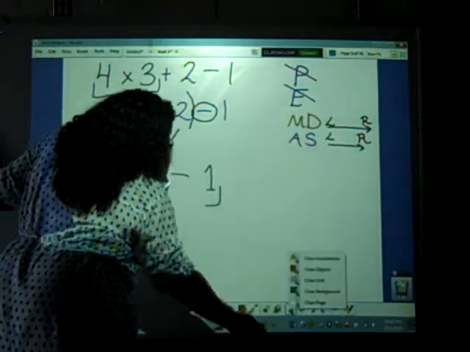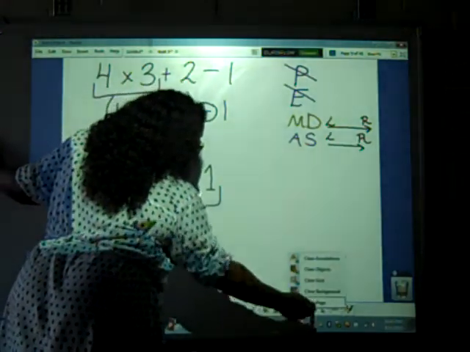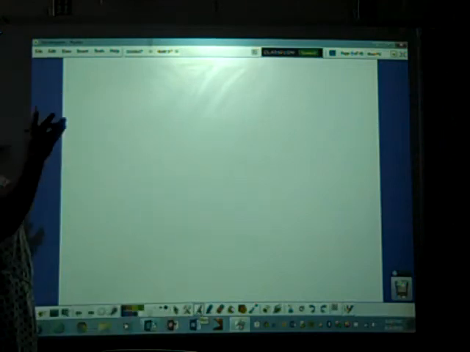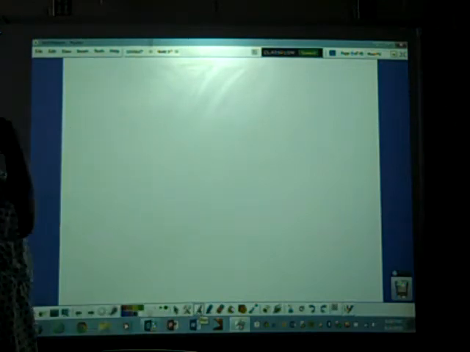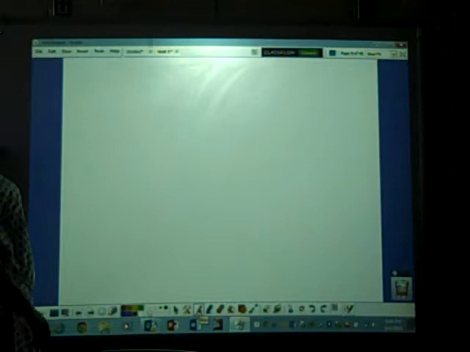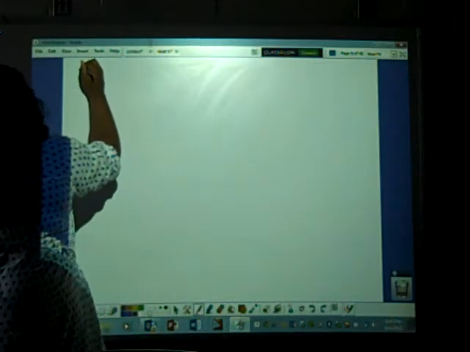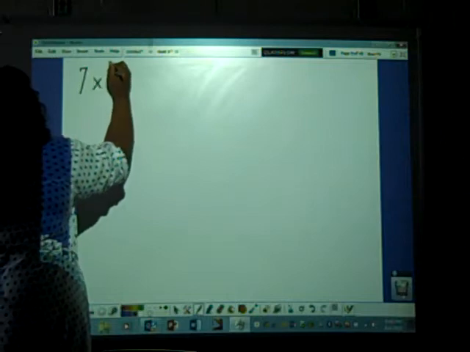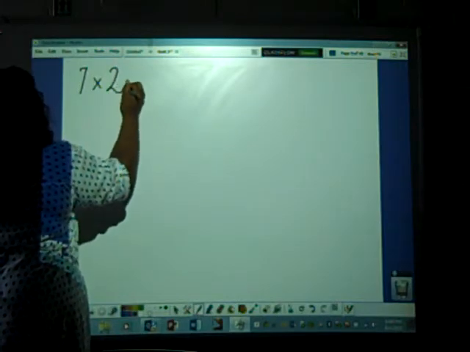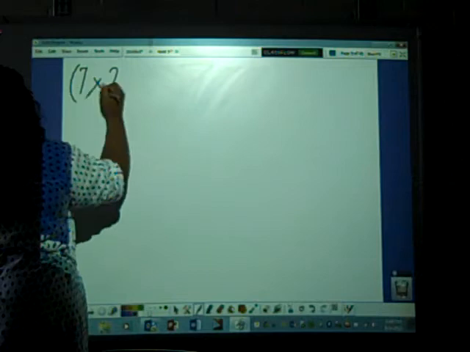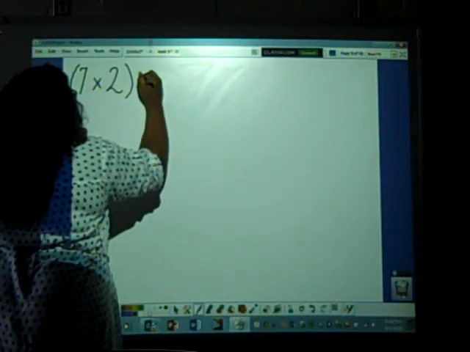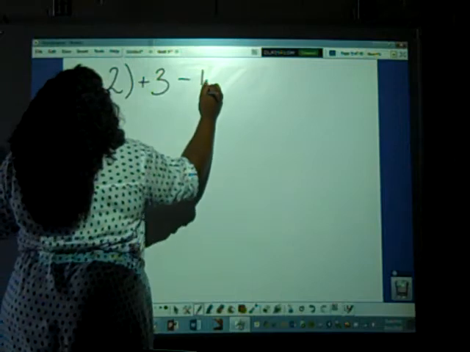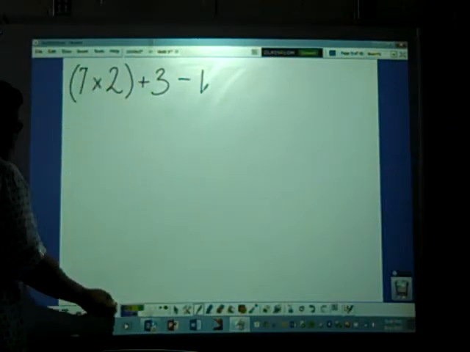Oh, let's do this right here. Clear page. Boom. Now I'm going to give you guys 2 problems. You're going to evaluate these, and then we're going to check it, okay? That's your first problem.